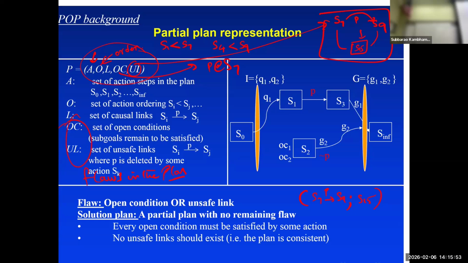Then, when I'm done, the plan would just look like this. Those are the causal links. Sorry, this is the ordering. So that means all of these are before end. All of these are after the beginning. And each of them are supporting one another. The advantage of this is you realize that any permutation of those actions is a correct plan.